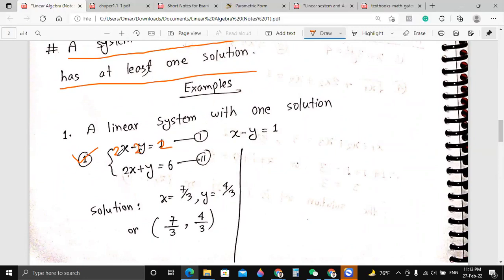This will make 2x minus 2y equal to 2. Now if I subtract them, 2x gets cancelled. So this sign will get reversed, this sign will be minus. So minus 2y minus y, that is minus 3y.